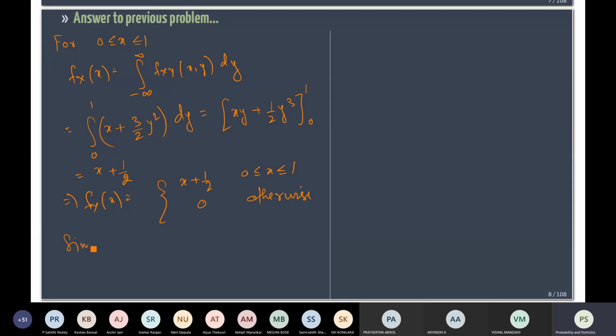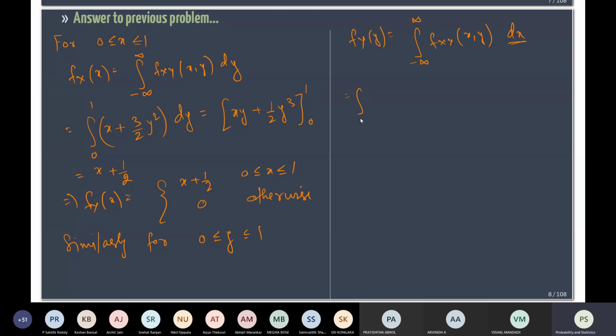Okay, similarly for 0 less than or equal to y less than or equal to 1, we can compute the marginal. In this case, the original definition says minus infinity to infinity of the joint PDF, and we integrate out with respect to dx.